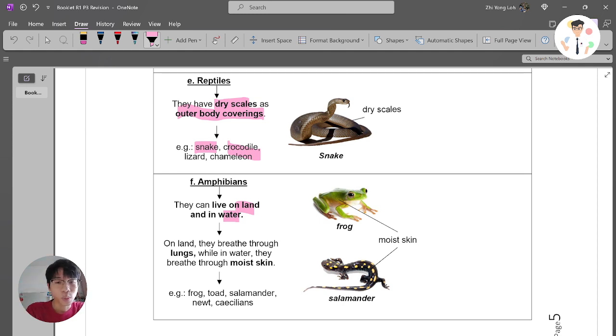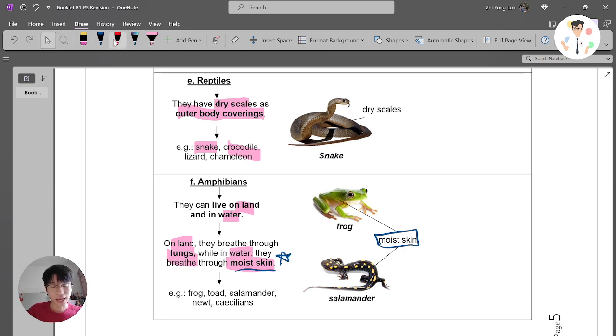On land, they breathe through lungs, but in water, they breathe through something called moist skin. This is a very important word, moist skin, because it helps them to live in water also. As you can see, some examples are here, and again you can look at the moist skin here.